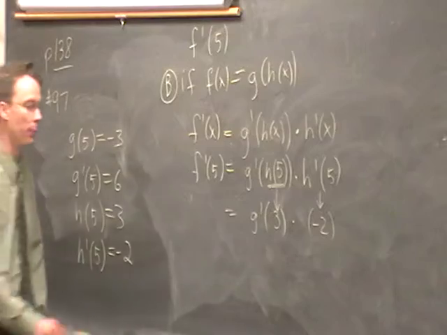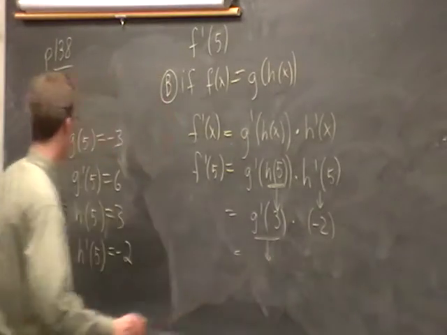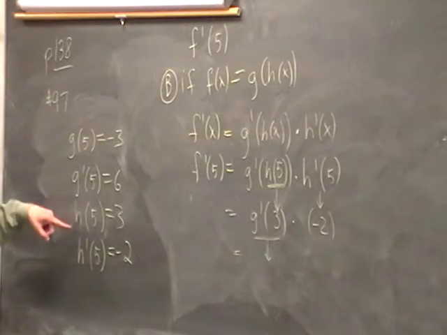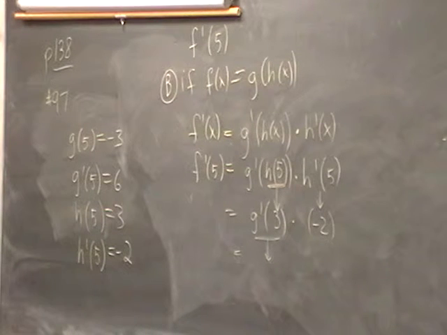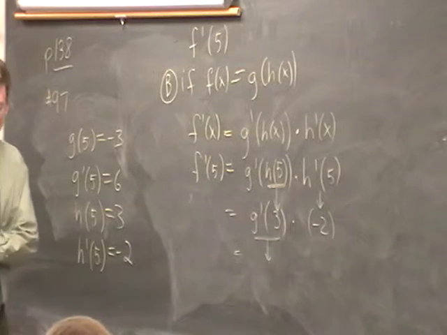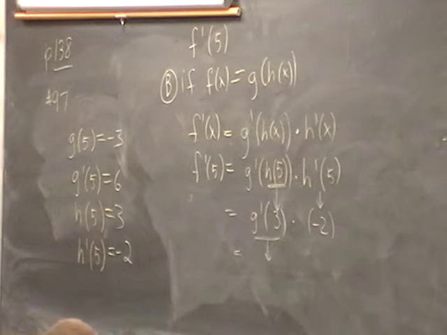Yeah, so now we've got to do g prime of 3. Uh-oh. This looks like a problem. Wait a minute, I didn't read all my directions. What's the very last sentence in the directions?